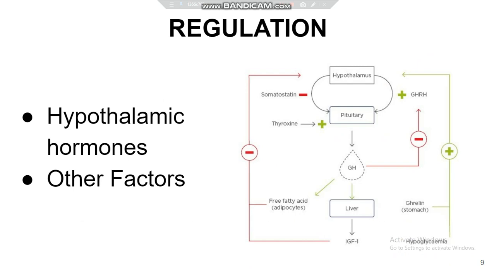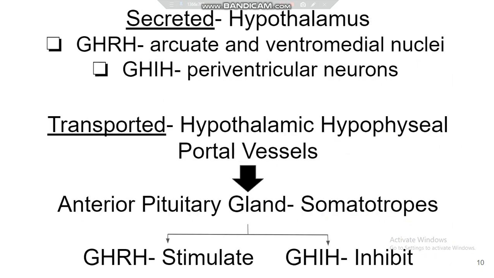Growth hormone level is regulated by hypothalamic hormones and some other factors. Growth hormone releasing hormone is secreted by arcuate and ventromedial nuclei neurons.